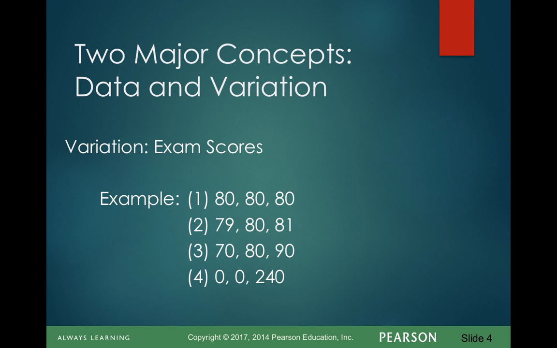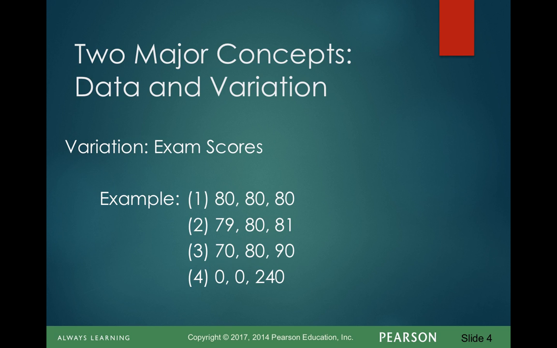Guys, two major concepts, at least from this perspective: data and variation. Let's think about some exam scores. If you look at those four data sets, the first one 80, 80, 80, the second one 79, 80, 81, and so on and so forth, the average of all those data sets is 80.